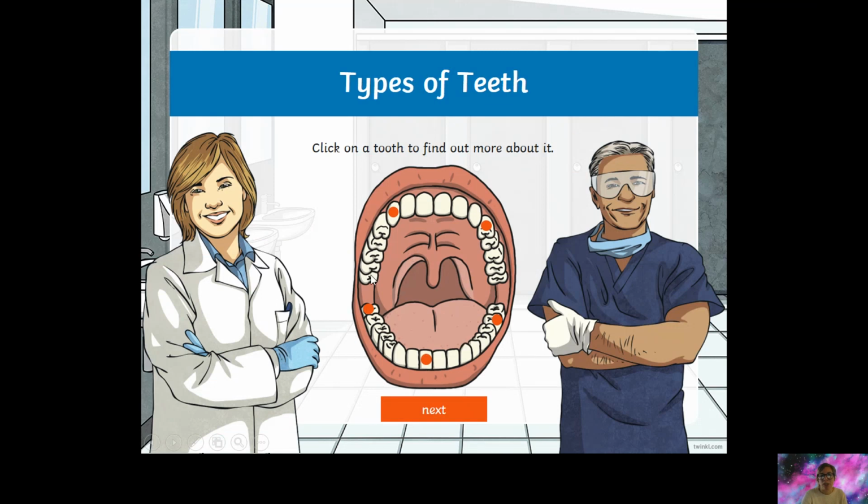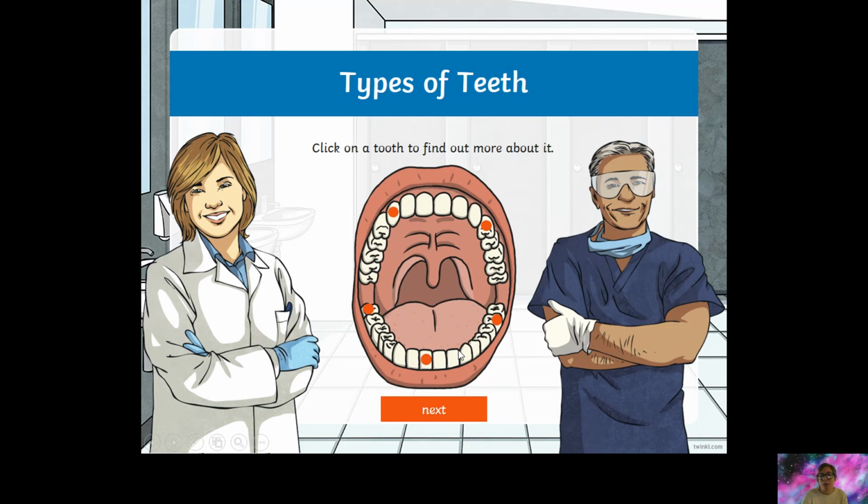So I wonder if we can just remember, what were these pointy teeth called that we first did at the beginning? Yeah, they were our canines. Well done. Remember, canine meant that it was to do with dogs. The teeth at the very back of our mouth were wisdom teeth.